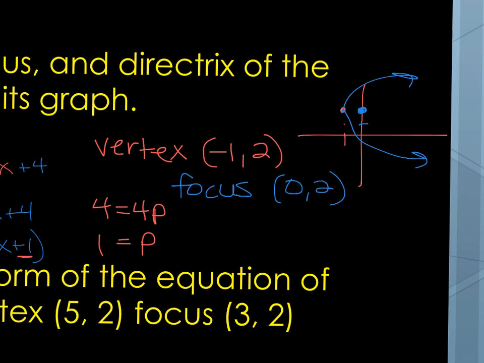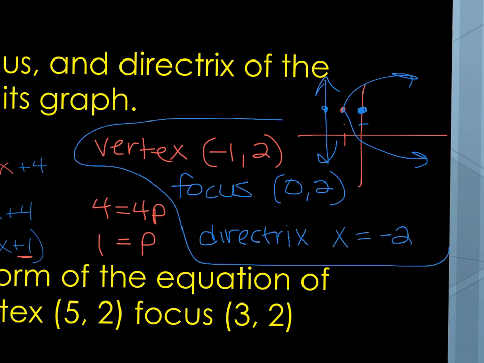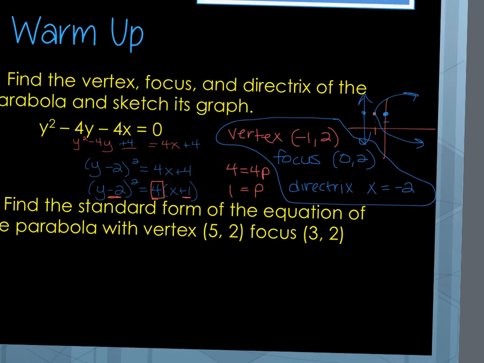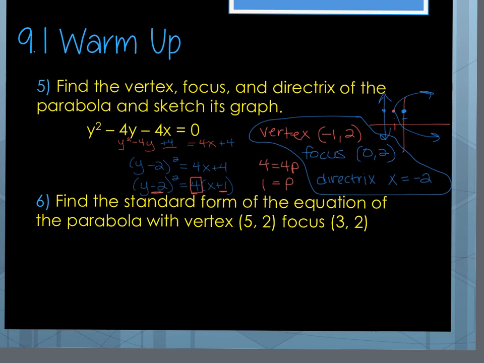And the directrix is 1 unit to the left of it, and it's a vertical line, which is an x equals, and it would be negative 2. So for this, we need the vertex, the focus, the directrix, and the graph. Questions on that one?